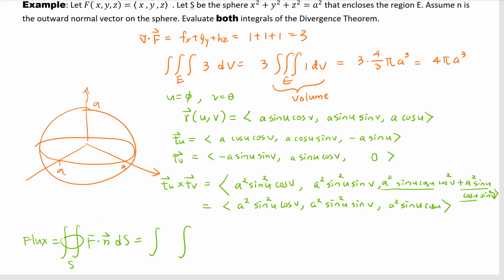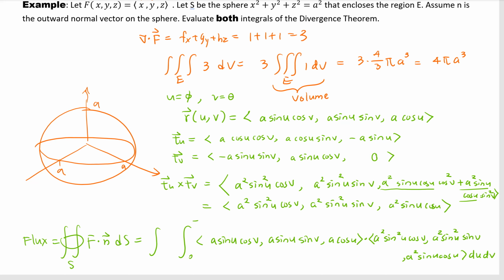So that is F of xyz, which is a sine u cosine v, a sine u sine v, a cosine u, dotted with this guy: a squared sine squared u cosine v, a squared sine squared u sine v, and a squared sine u cosine u, dA. Here u is phi, so actually the order doesn't matter. u, which is phi, goes from 0 to pi, and theta, v, goes from 0 to 2 pi.